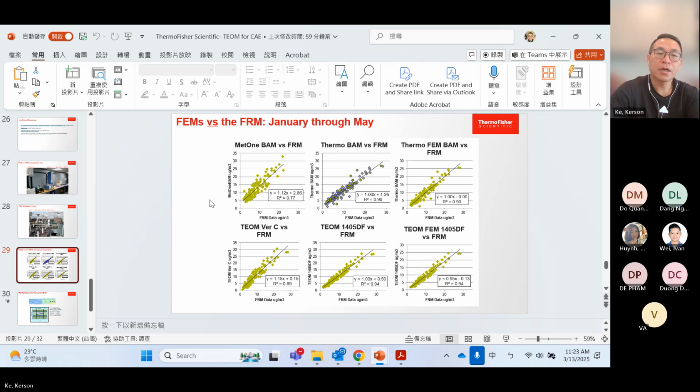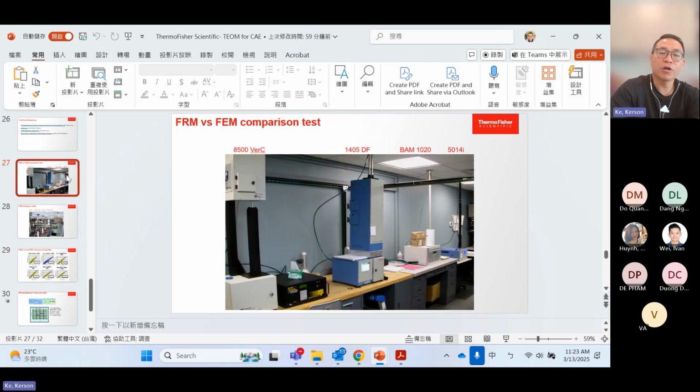For the 1405 F, I think it's around 35,000 USD. It's more expensive, right? Yes. And the 1405 DF may be an additional 10,000. So that's a rough number, and we can check the price for you.